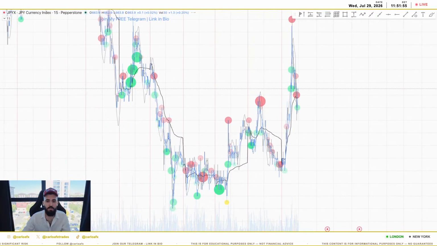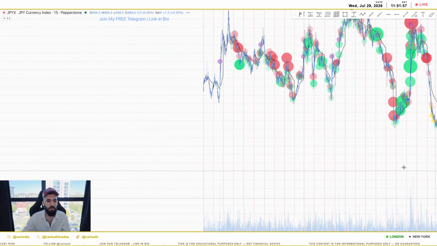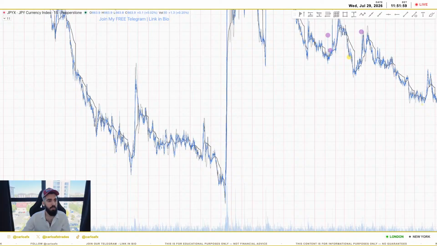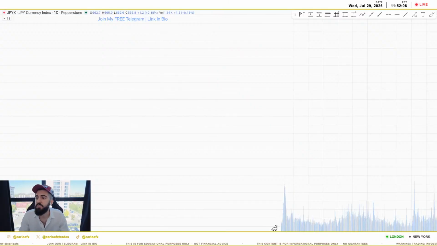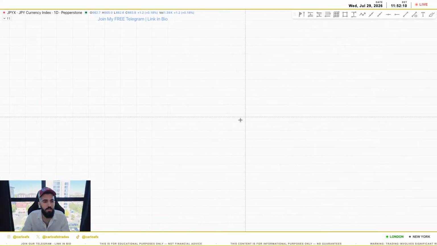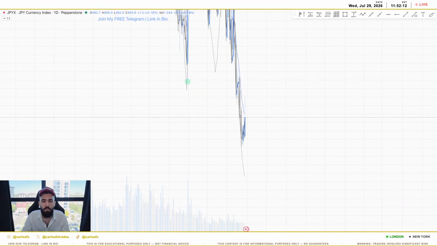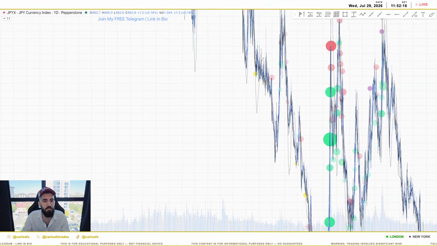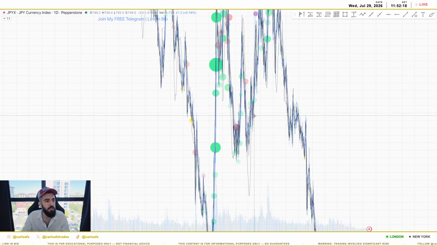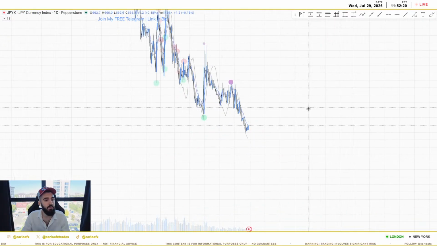JPY currency index. Something trillion. Oh, really? Let's take a look. Oh my god, man. What is this, man? That's insane. What is happening with the Japanese?